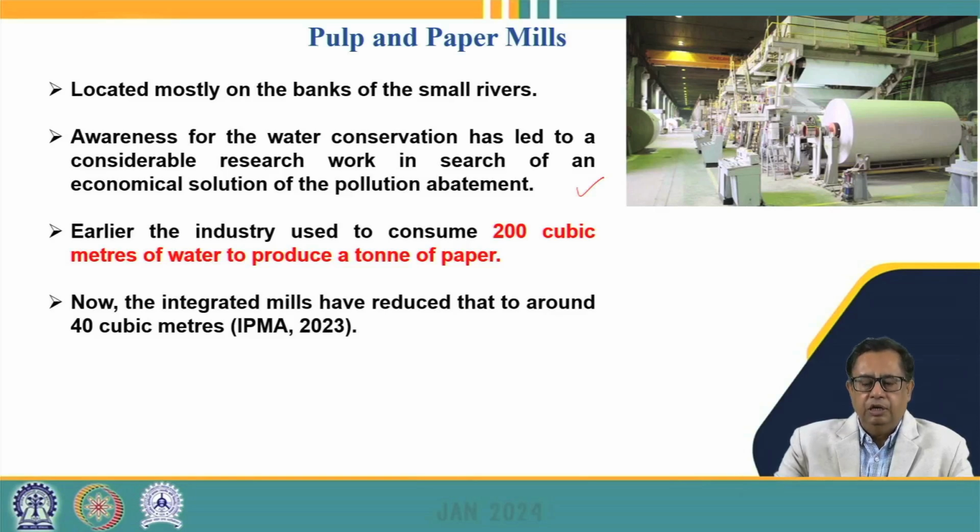So for example, earlier the industries used to consume nearly 200 cubic meters of water per ton of paper that was produced. But now in 2023, it has been reported that the integrated mills have reduced it to nearly 40 cubic meters per ton of paper that is produced.